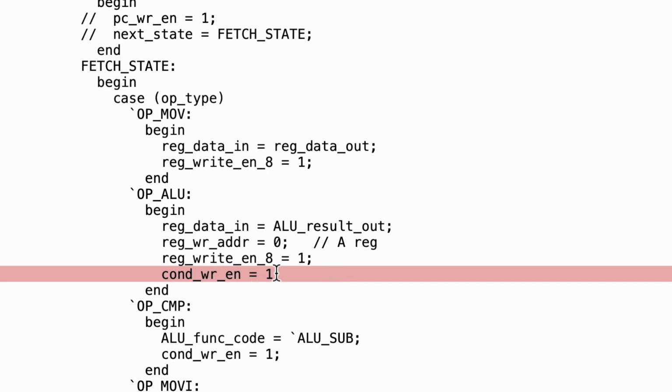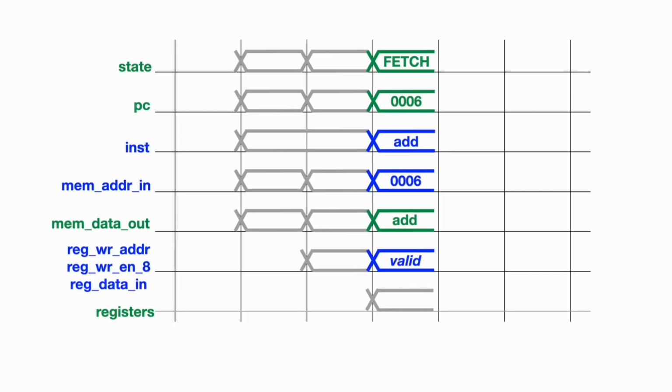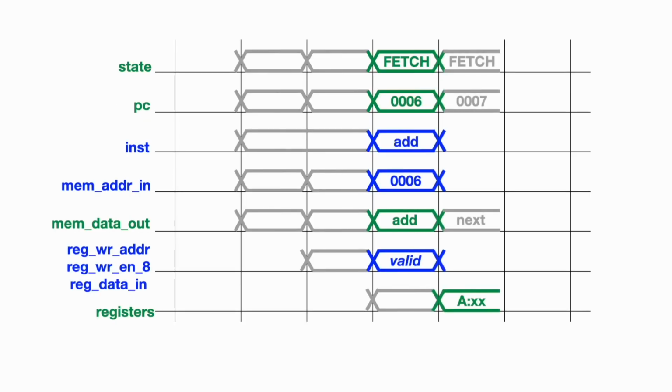So we're not needing an extra cycle for this instruction, so the default of going back into the fetch state is just fine. And so after this instruction, we will go into the next cycle, into a fetch cycle, and fetch the next instruction. We will also be updating the register on the rising edge here.